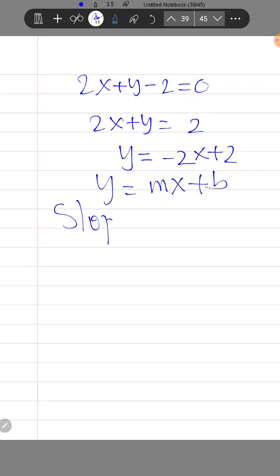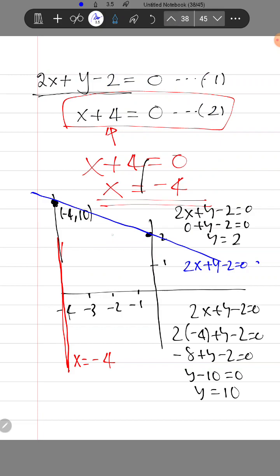Slope is equal to minus 2. Y-intercept is equal to (0, 2). So the slope is minus 2. So this is the true set for these two graphs.